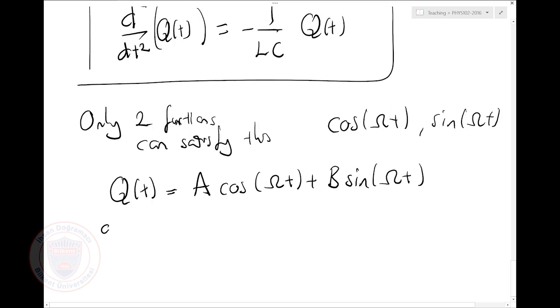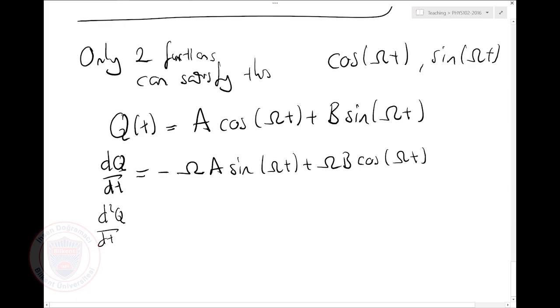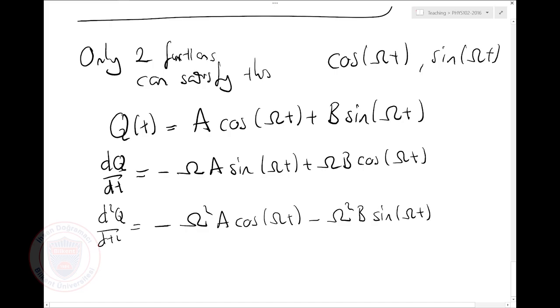Let me take the first derivative of that. I'll have minus omega a sine omega t plus omega b cosine omega t. And the second derivative, minus omega squared a cosine omega t minus omega squared b sine omega t.